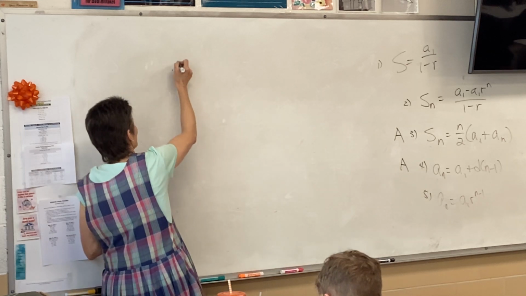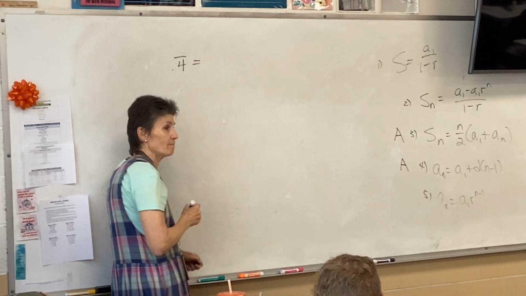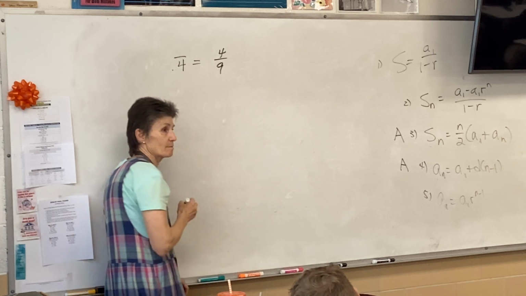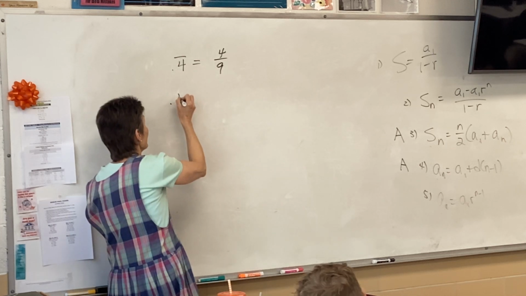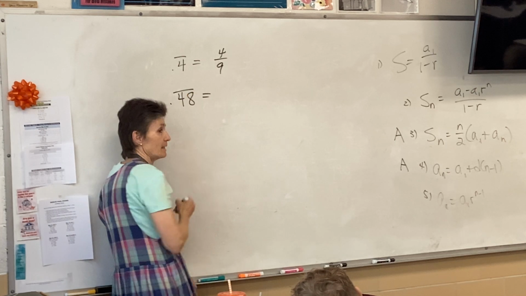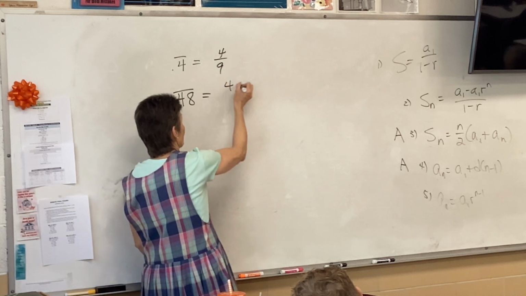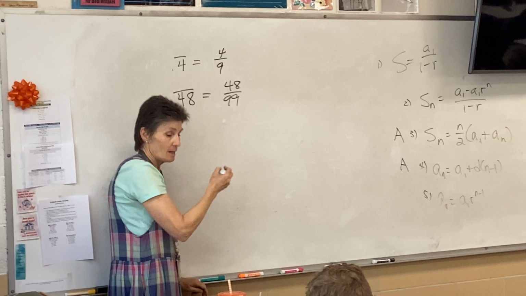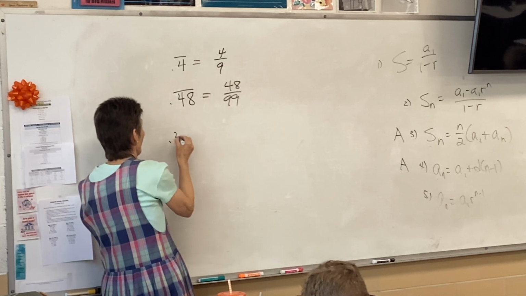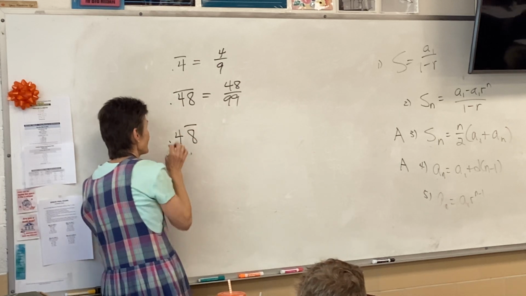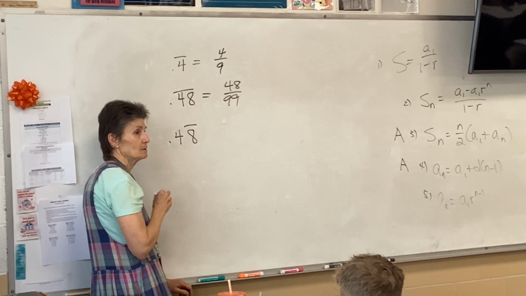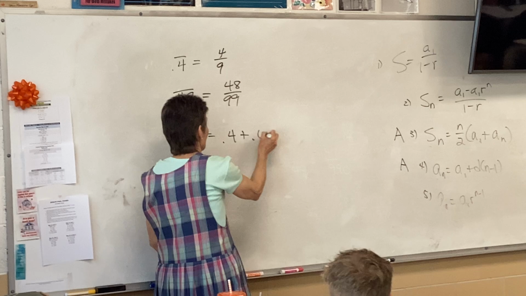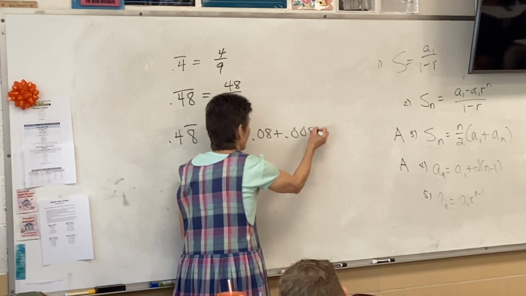All right, so problem number one, if it had been 0.4 repeating, we would go straight to 4/9. If it had been 0.48 repeating, we would go straight to 48/99, right? And then reduce that. But this one is 0.4 with just the 8 repeating. So it is literally 0.4, 0.08, 0.008, and so on.